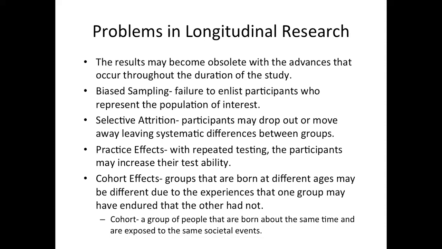So that's one issue about the data becoming obsolete between point A and point B. We also have to be mindful of how we recruit participants. It is possible that our sampling techniques have some form of bias, and the interpretations that we draw could be skewed because of how we sampled. We also have the concept of selective attrition.